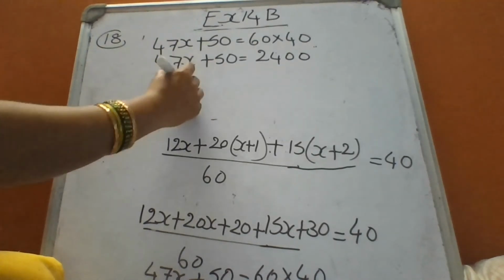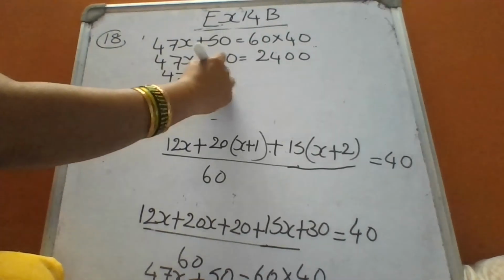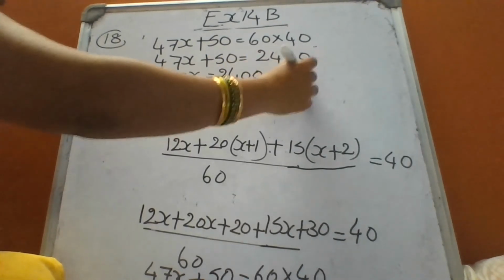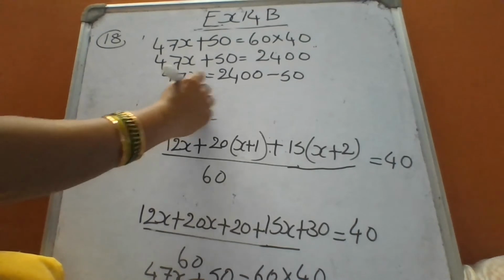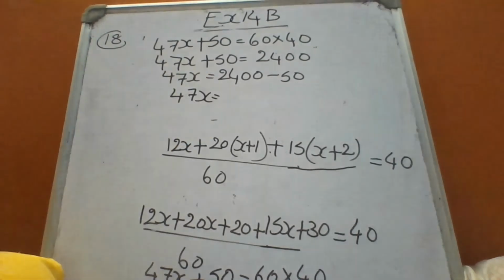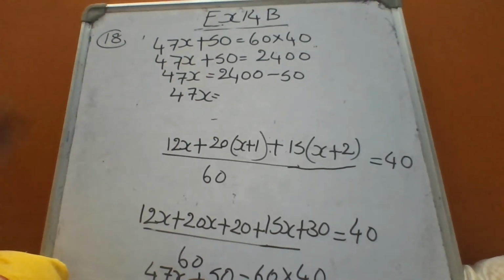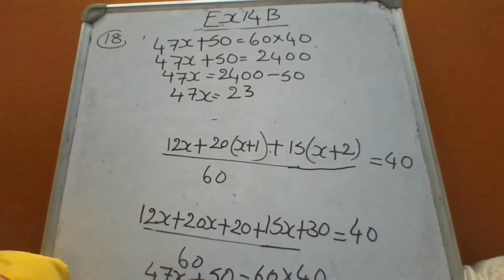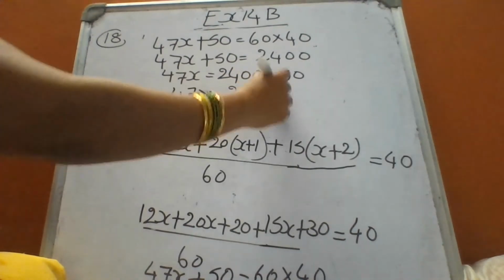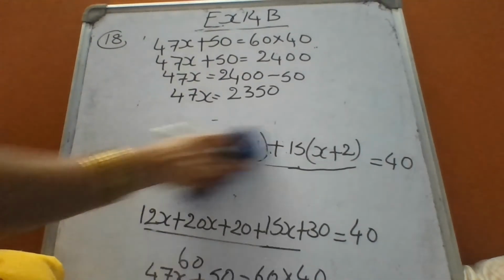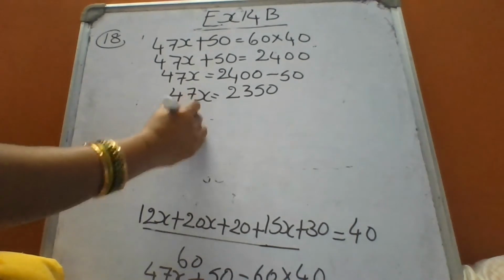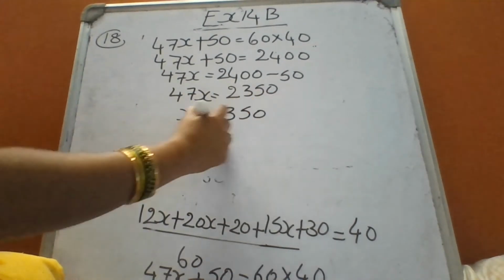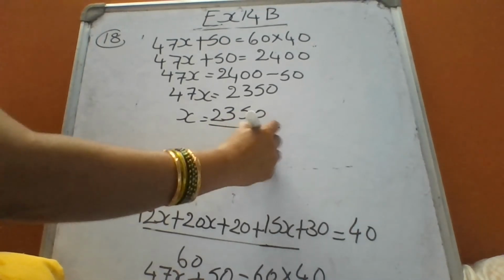So, 47x, taking 50 to the right hand side, minus 50. So, 47x is equal to, if you subtract, 2350. So, x is equal to 2350 by 47.